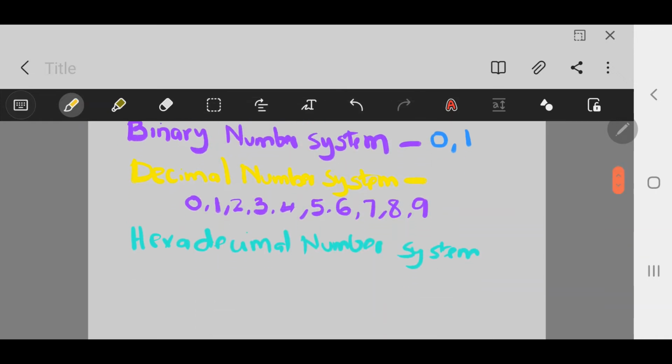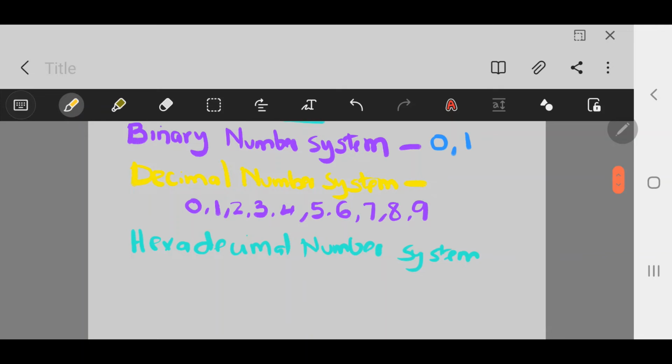So we use digits 0, 1, 2, 3, 4, 5, 6, 7, 8, 9. You can recall this one is the decimal number system. Now besides this, we have letters A.